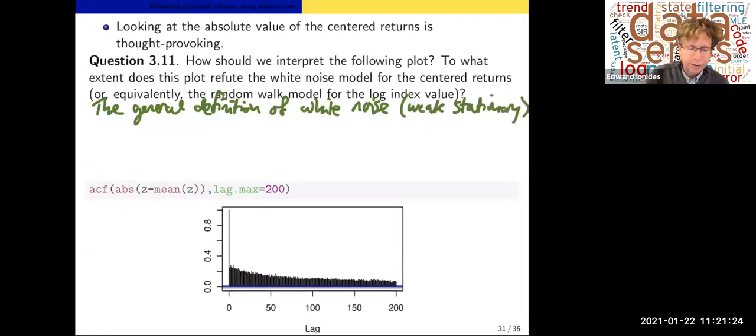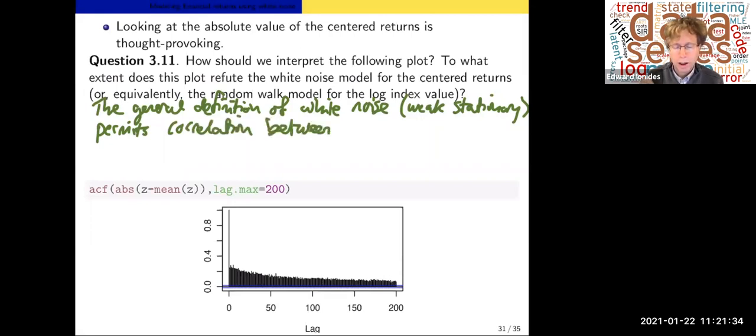This permits correlation between absolute values. It says the raw epsilons are uncorrelated, but it doesn't guarantee that the absolute epsilons are uncorrelated.